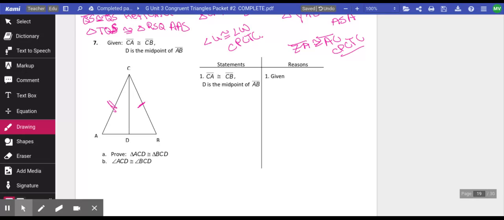Well, if D is the midpoint, that means that AD is congruent to DB because the middle cuts it in half. So AD is congruent to DB. Definition of midpoint. We then know that CD is congruent to itself because of reflexive, and that's in both triangles.